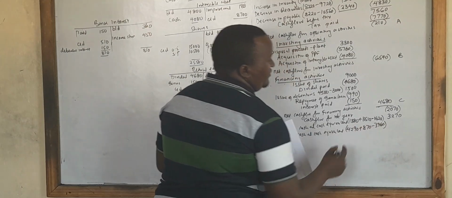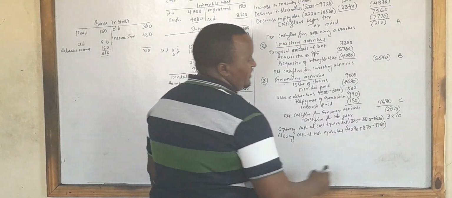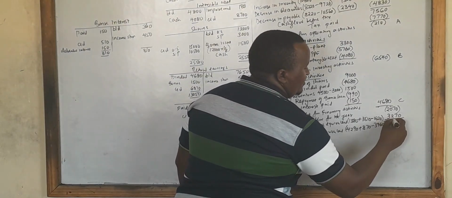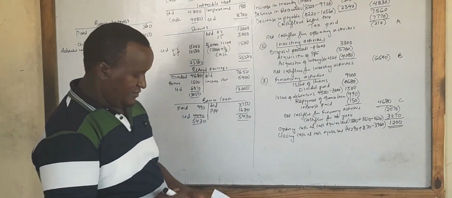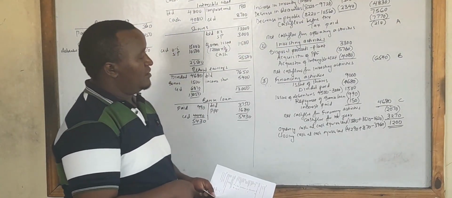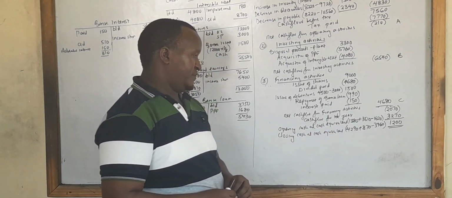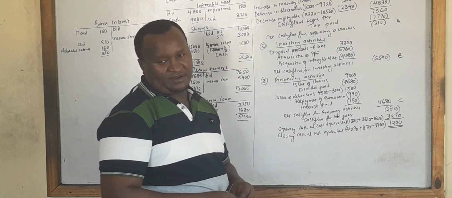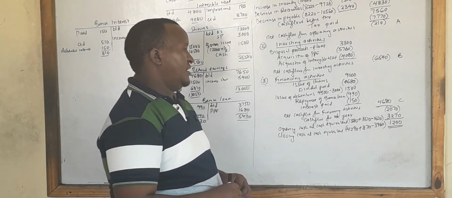It will give you 1200. When you reconcile, negative 2070 plus 3270, 1200. Yeah, that way.